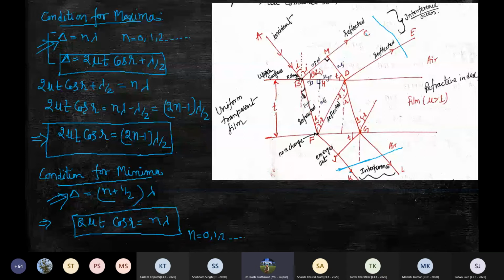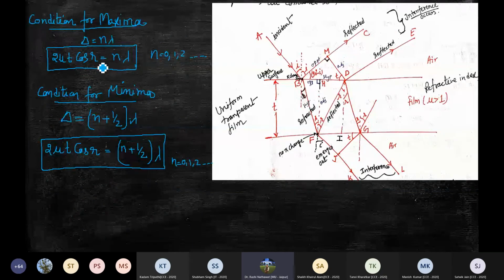But here ये कंडीशन है आपकी मैक्सिमा की 2 mu t cos r is equal to n lambda. सो बिल्कुल अपोजिट है. So the conditions for transmitted light are opposite to those obtained with the reflected light. Hence, if the film appears dark in the reflected light, it will appear bright in the transmitted light, or vice versa. So this shows that the interference patterns in the reflected and transmitted light are complementary to each other.